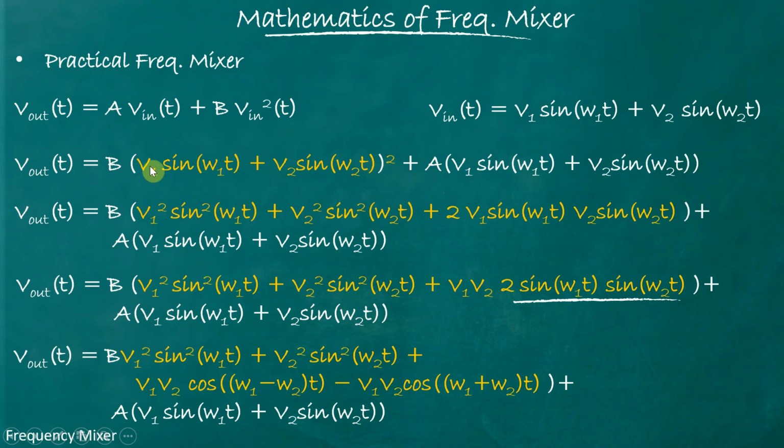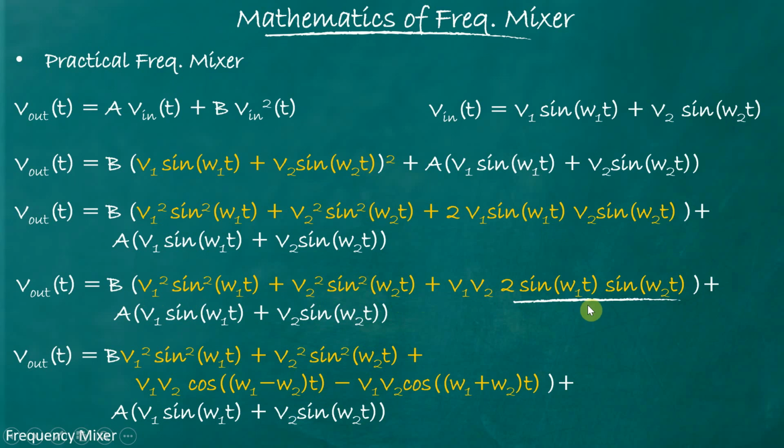Then (x plus y) square is x square plus y square plus 2xy, so that mathematical formula is used here. Then, as you can see here, v1 square sin square omega 1t plus v2 square sin square omega 2t, plus v1 v2 into 2 sin omega 1t into sin omega 2t.